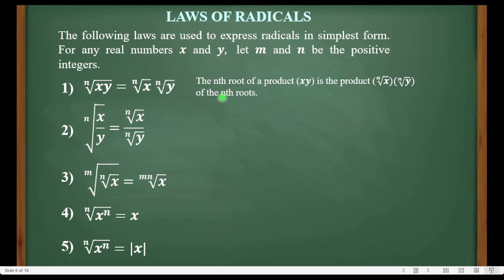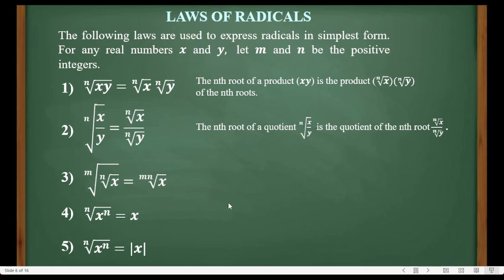Now for number 2, the nth root of the quotient x over y is the quotient of the nth root of x over the nth root of y.